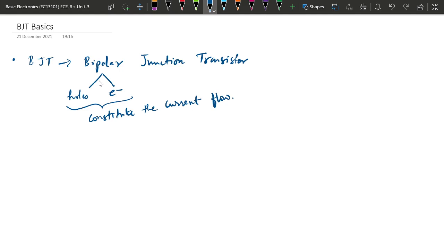And since it is a bipolar junction transistor, it will be having junctions. In bipolar transistors the junctions are defined like it is made by connecting two PN junction diodes. Suppose this is P and N, so this is a PN junction diode.